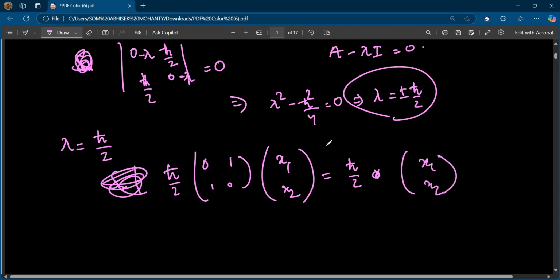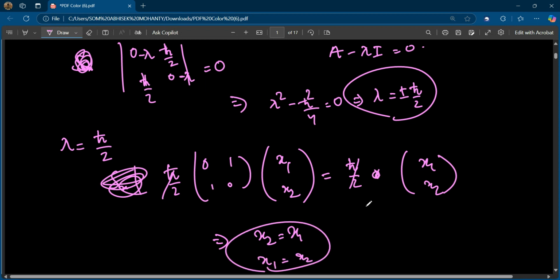Here, the h cut by 2 on both sides can be cancelled out. So you will get x2 is equal to x1 and x1 is equal to x2, so both are 1, 1.